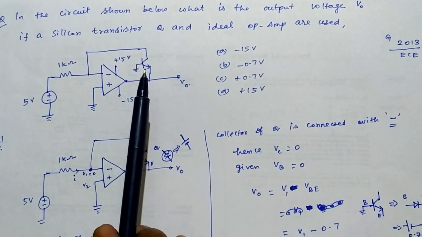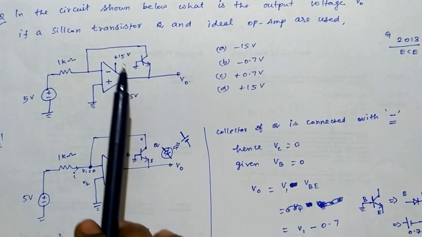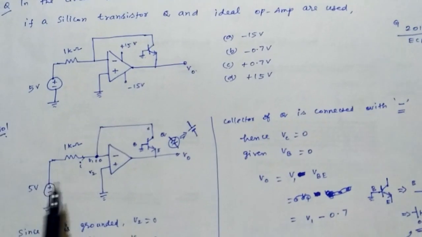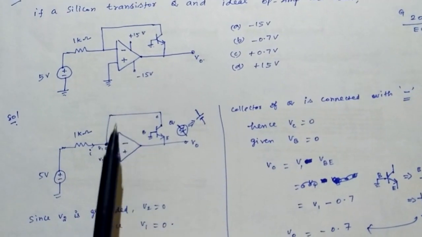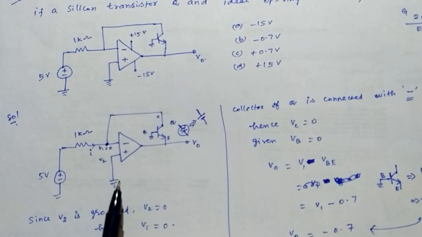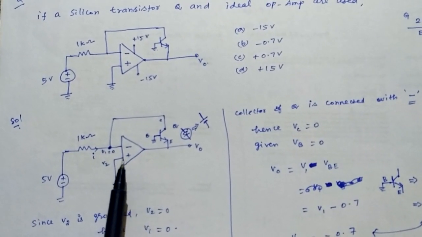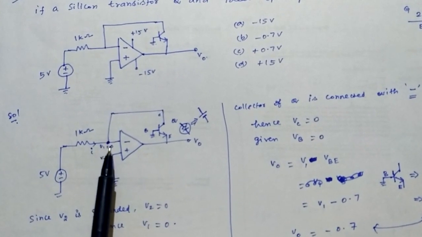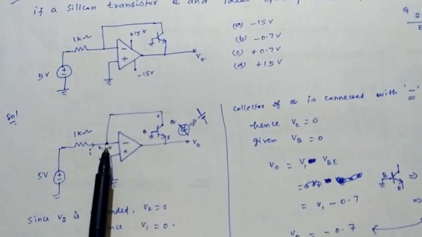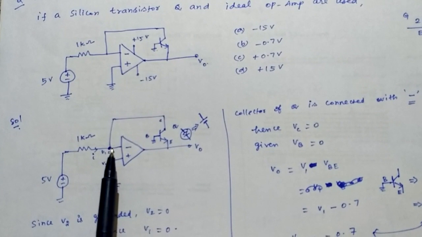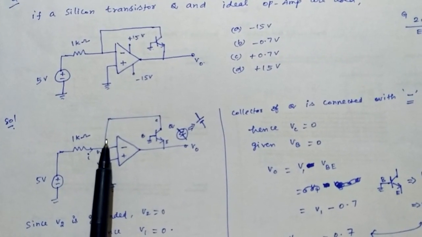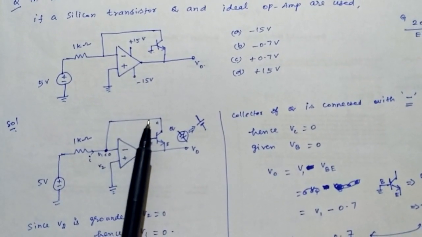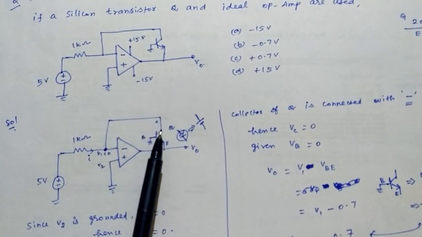The transistor is a silicon transistor and the op-amp is an ideal op-amp. So again this circuit diagram, once again we draw here. Since this plus terminal is grounded, this inverting terminal also has the voltage of 0 volt.